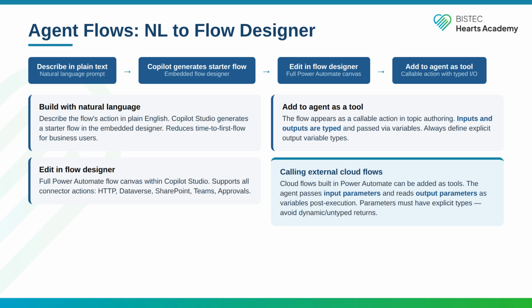It breaks silently whenever the JSON structure changes, and condition branches that evaluate the output will behave unpredictably. Always define output parameters with their types: string, number, Boolean, or date. When reviewing a maker-built agent for production readiness, checking every flow tool call for untyped output parameters is one of the most valuable audit steps you can perform.